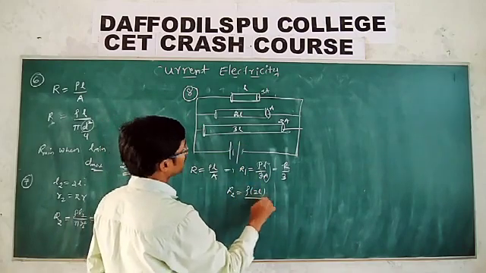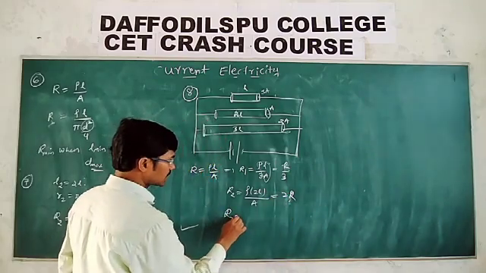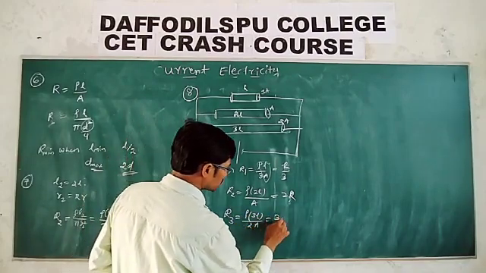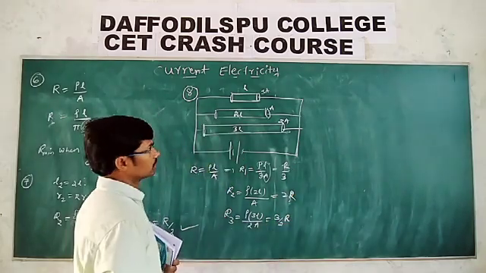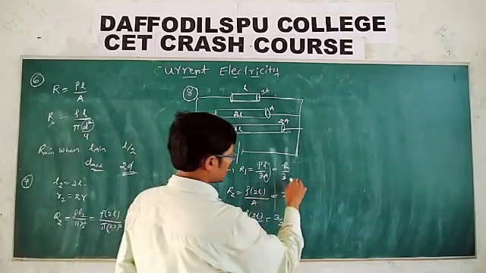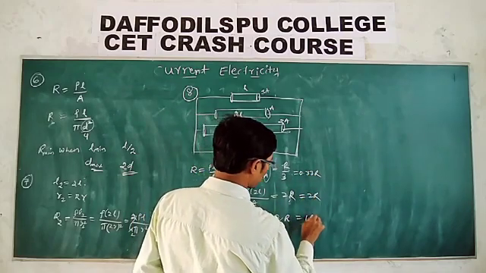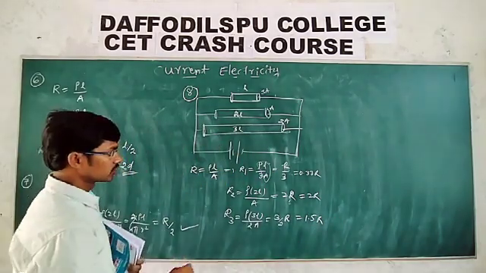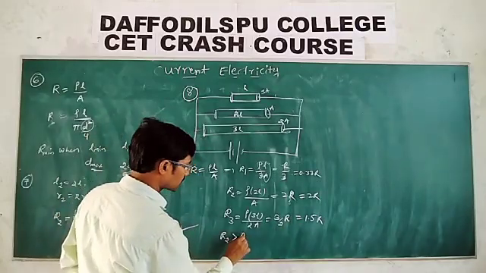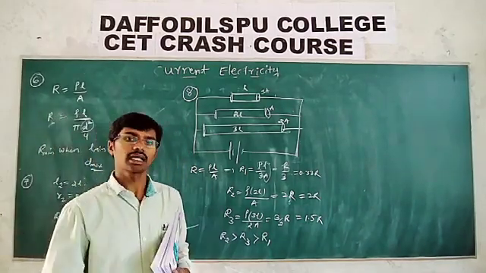Similarly, R2 is equal to rho into 2L by A, that is 2R. Similarly, R3 is equal to rho into 3L by 2A, that is equal to 3 by 2 into R. So in order of resistance: R by 3 means 0.33 R, then 2R, then 1.5R. Which is having more resistance? 2R. R2 is greater than R3, which is greater than R1. More resistance means current will be less.